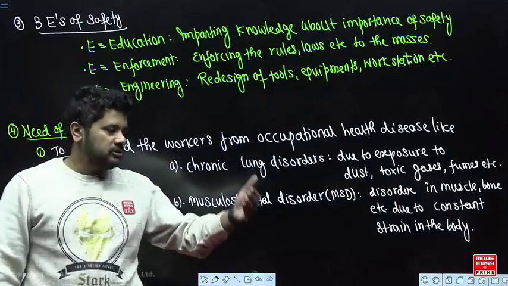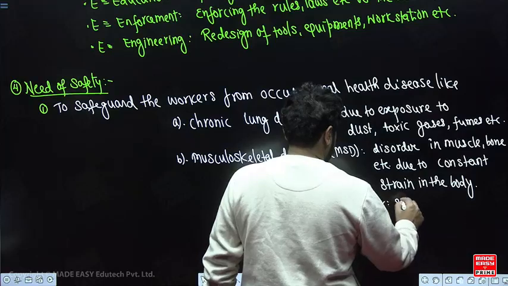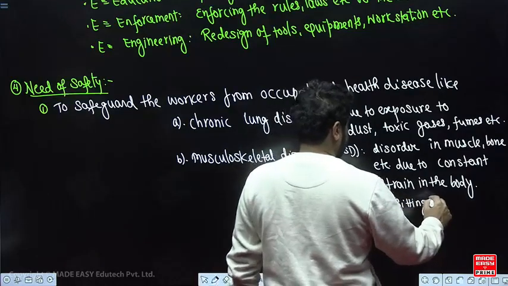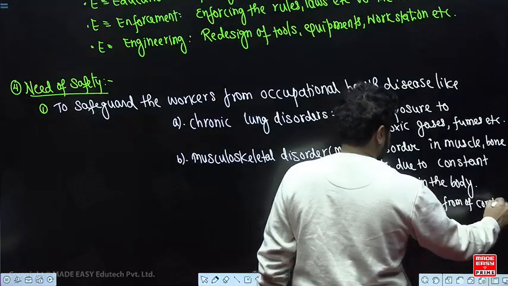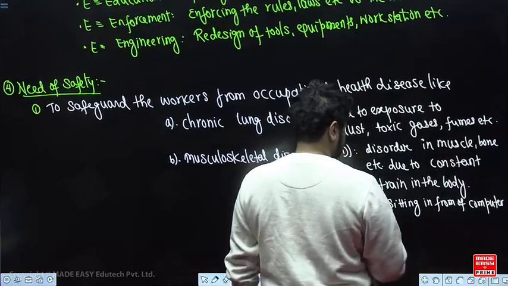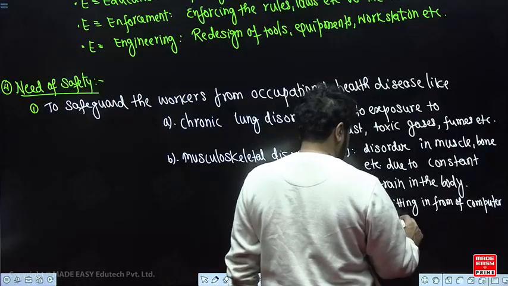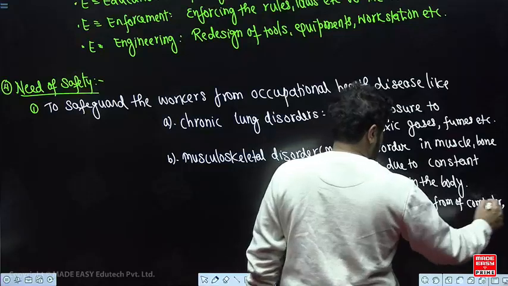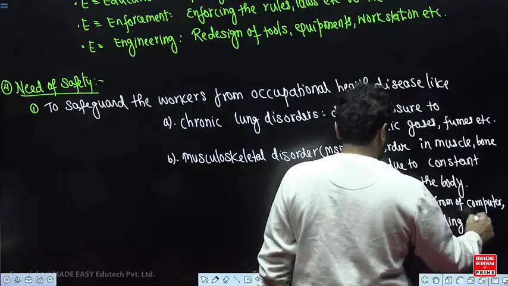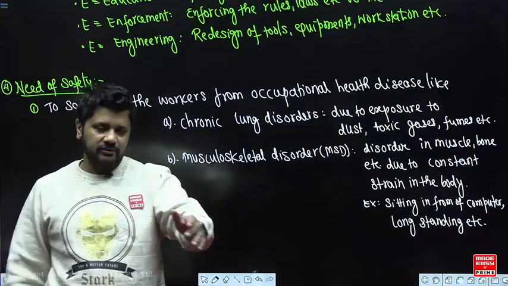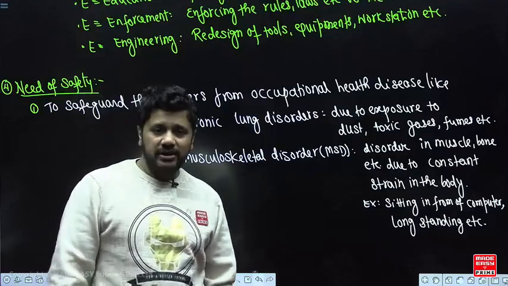For example, sitting in front of a computer for long hours, or repeated prolonged standing, long standing hours, etc. Because of this, for example, if you are sitting in front of your computer or laptop, or whatever you are watching just now, and the posture is not correct, what will happen?